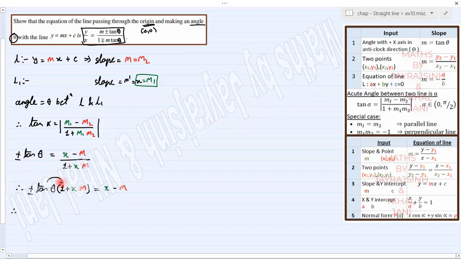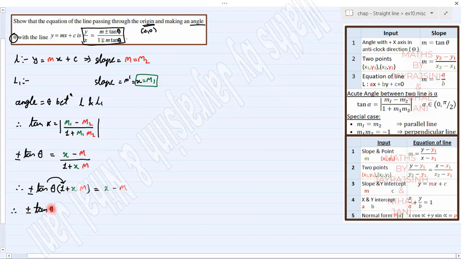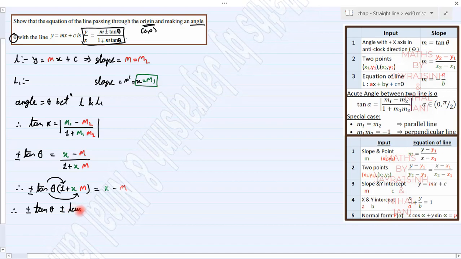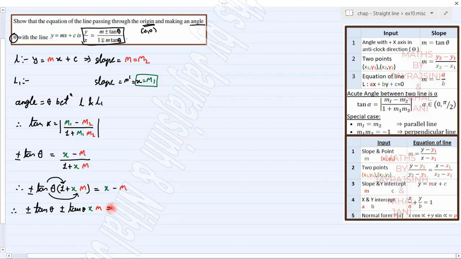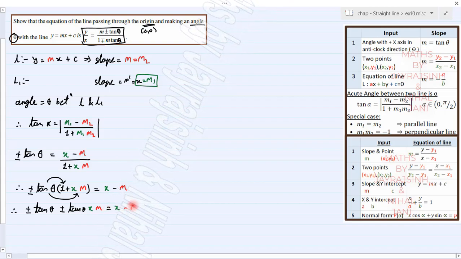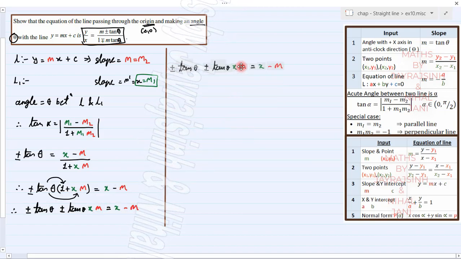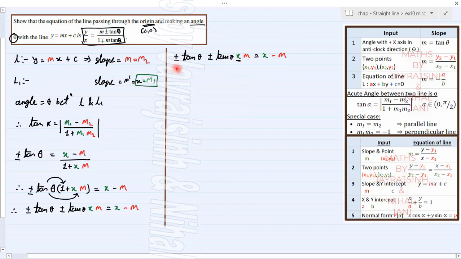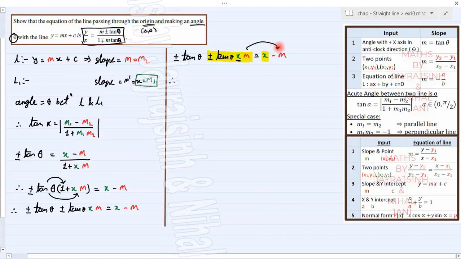So, plus or minus tan theta ones are plus or minus tan theta, and multiplying with the second term will give us plus or minus tan theta into xm is equal to x minus m. Now, we have to remember what we have to find. In this question, we need to find x. So let's make it the subject by collecting the terms of x on the right side.